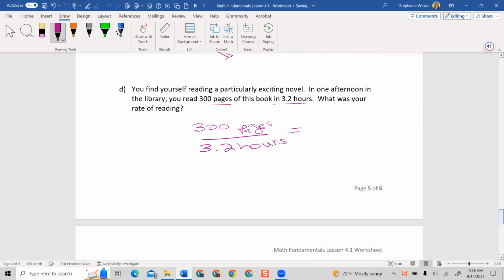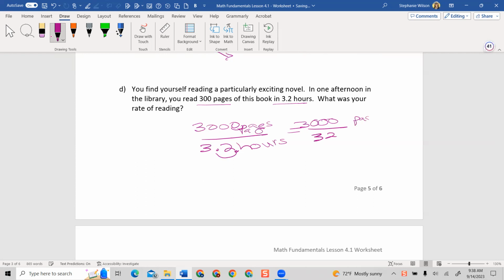Again, whenever you divide, you can't have a fraction or a decimal in the denominator. So we're going to move the decimal to the right one in this case. So you go to the back of this one and you move it to the right one. So now I got 3,000 divided by 32.